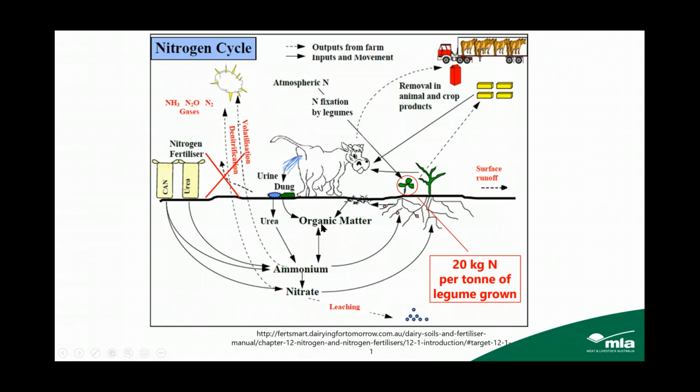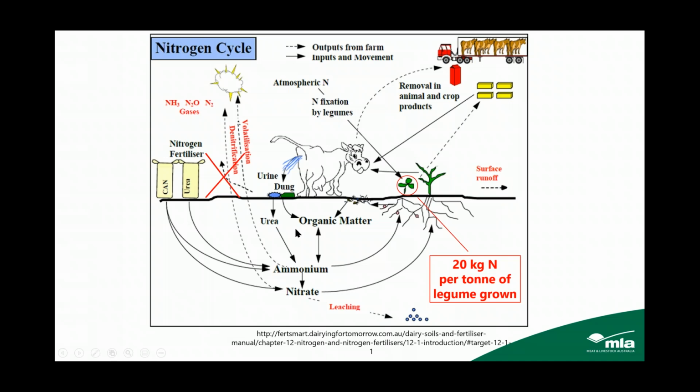That, in this mineralization process, gets converted to ammonium and eventually some of that to nitrate, which can be taken up by plants. The major point is that this process down here, where the ammonium and the nitrate are made, requires the activity of microorganisms in the soil, and as a result is extremely temperature sensitive.